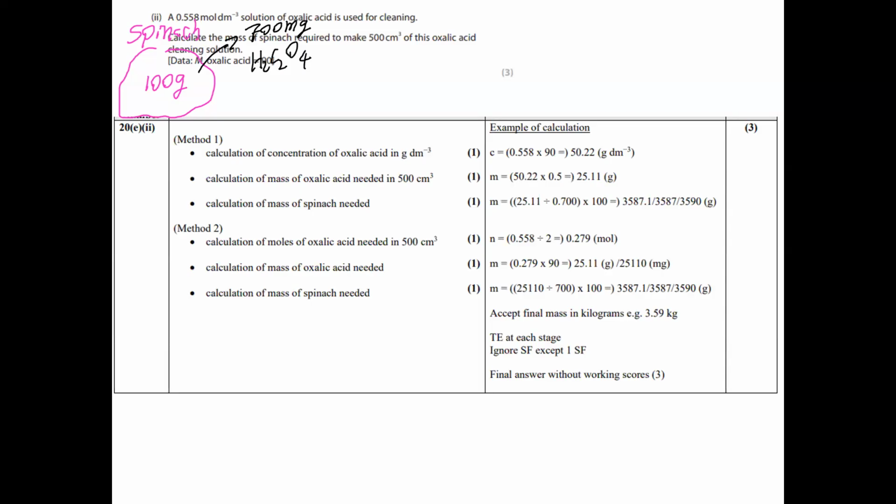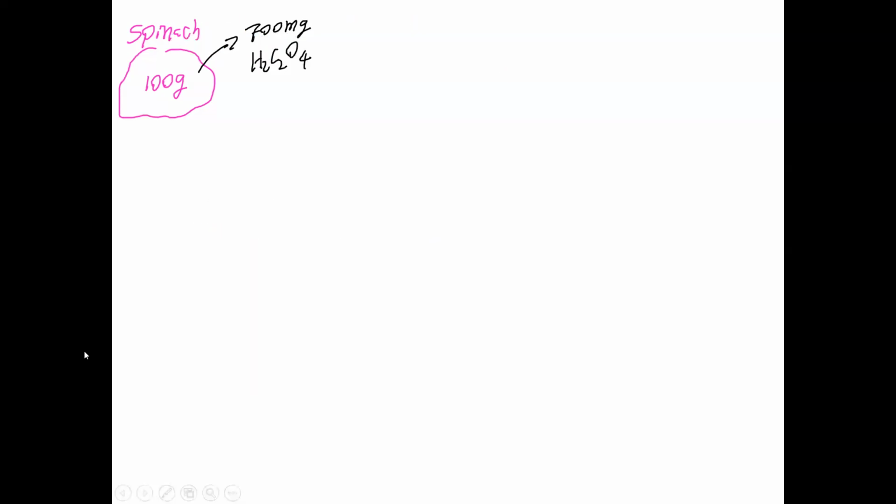A 0.558 solution of oxalic acid was used for cleaning. We need the mass of spinach to make 500 cubic centimeters of this oxalic acid, 0.558.